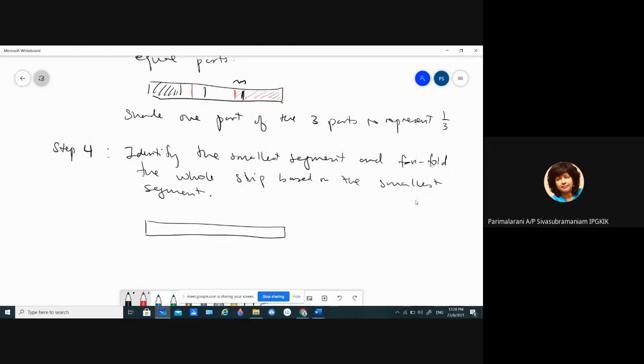So you have 1, 2, 3, 4. So now how many segments are shaded?